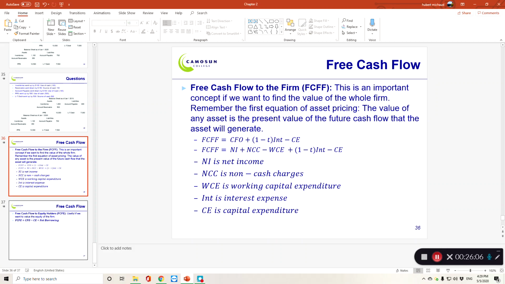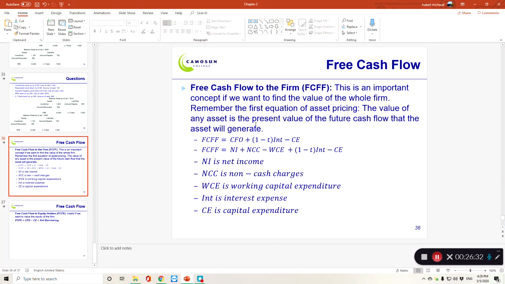Also, as you might have noticed from the income statement, interest expense from the firm's point of view generates what we call a tax shield, right? Because the interest is subtracted from our earnings before we calculate our taxes. It creates a tax shield and protects us from having to pay an expense, and that's one consideration too that we'll talk about later.